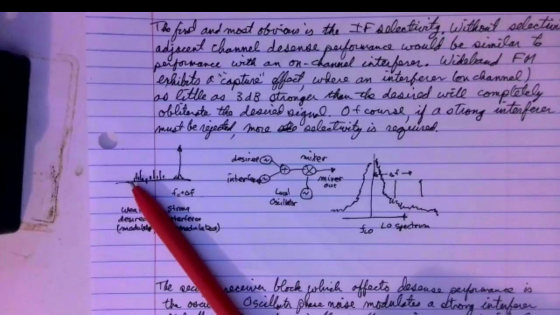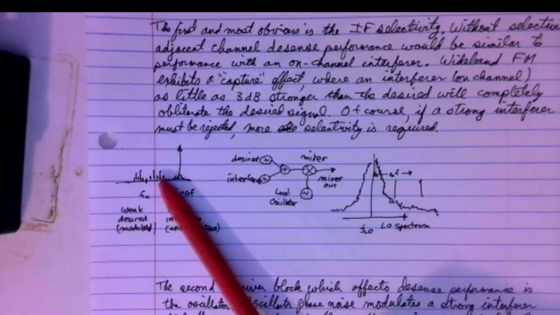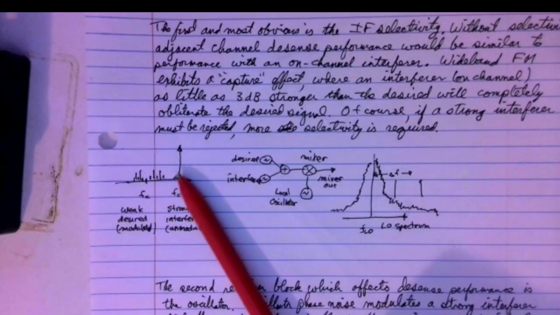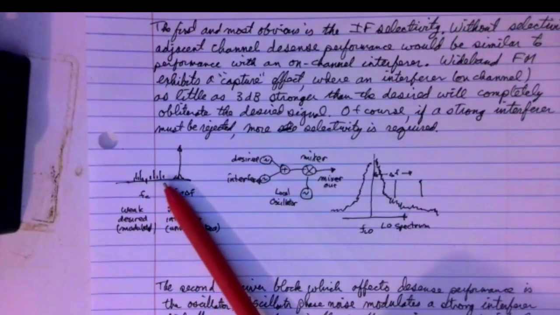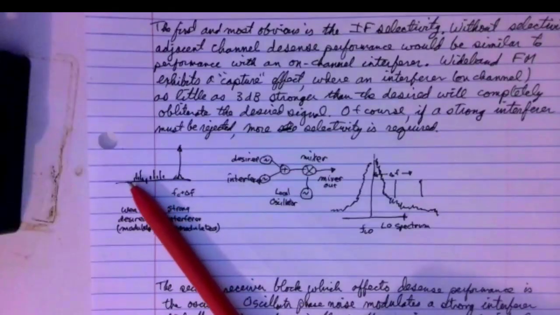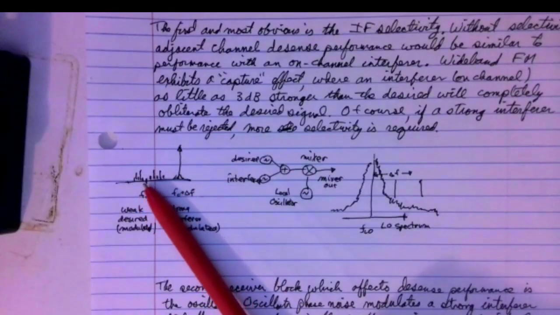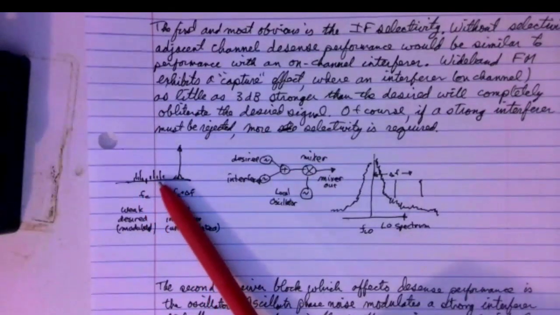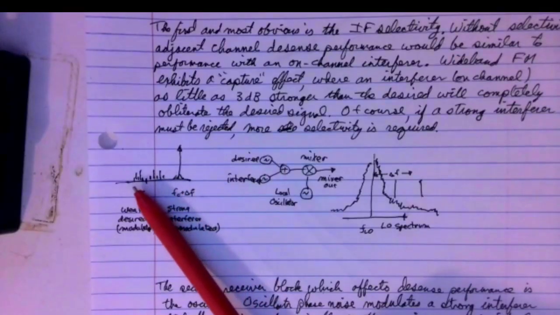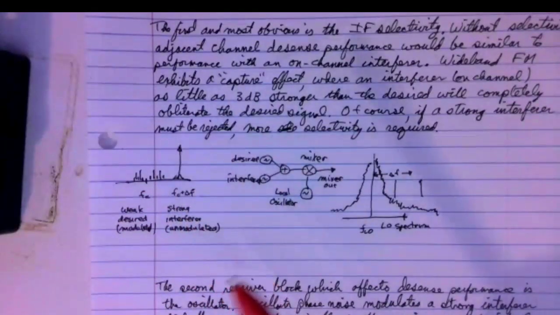So with no modulation, your power is all in a spike like this, just an unmodulated carrier. With 75 kilohertz of deviation, you're going to have a lot of little sidebands where your energy is all distributed across those sidebands.